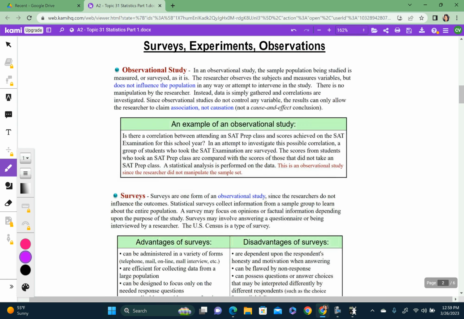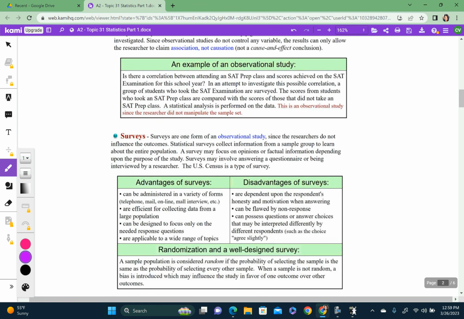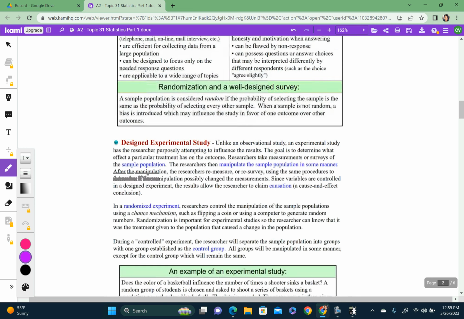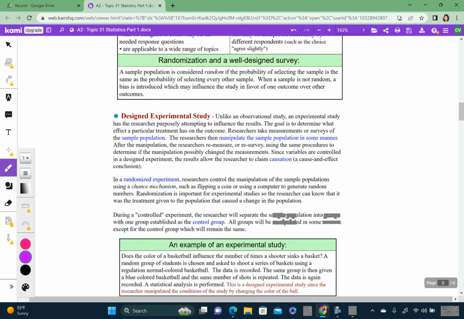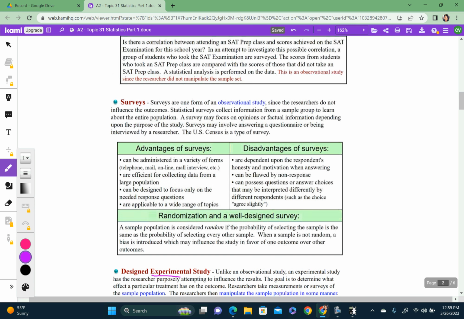If you look on the next page, it goes into a little bit more detail about what the differences are between them. The big thing about an experiment is that you have to split into two groups, separating the sample population into groups. About a survey, surveys are a form of observational study, and it goes into advantages and disadvantages.